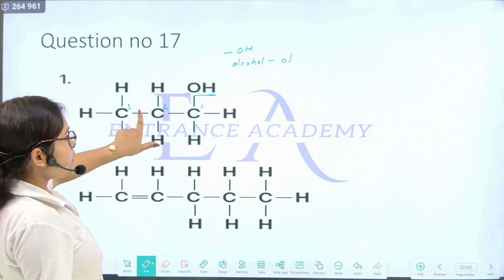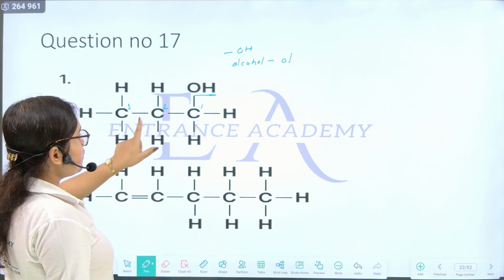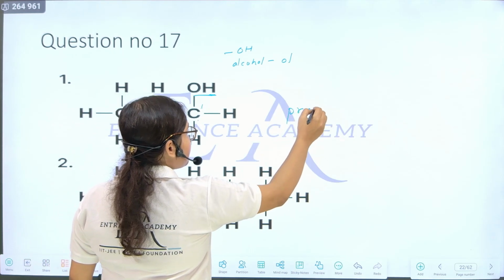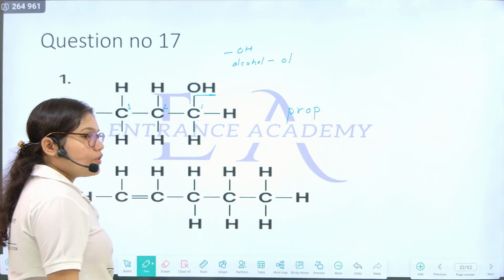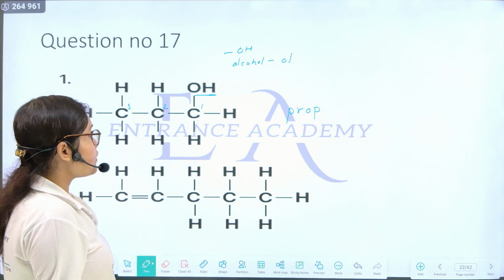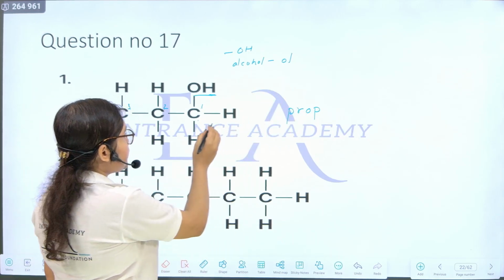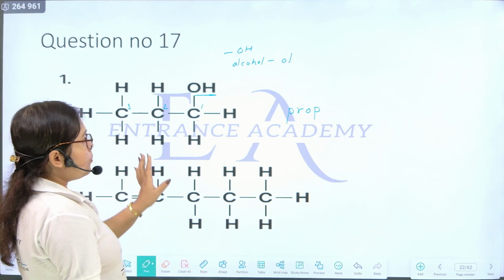So the structure is, the root word is prop. Alcohol is present at the first number of carbon, that is ol. So the structure is propanol.